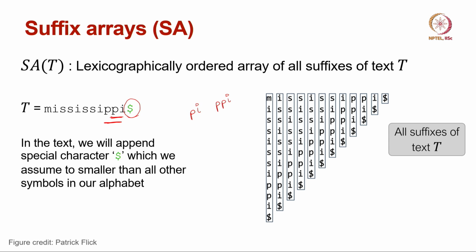So to remove that ambiguity, we append a dollar character at the end of the text. We assume that this special character is not in our original alphabet, so this is a special symbol. We will assume that this symbol is smaller than all the other characters of the alphabet. So in this case, dollar is assumed to be less than A, which is less than B, and so on.